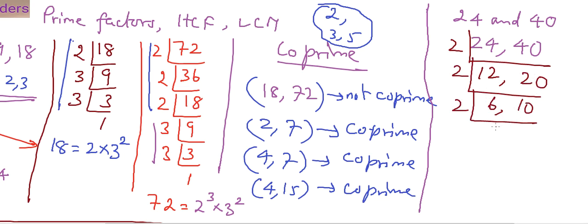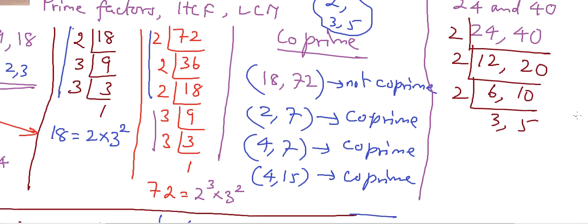Then 3 and 5. See, now 3 and 5 we can leave. They are co-prime. 3 and 5 don't have any common factors. You can divide by any number actually, you need not divide only by prime factors, but here they don't have any common factors.